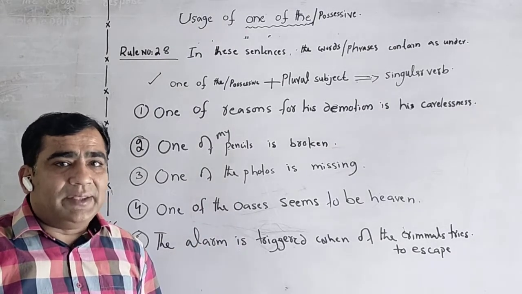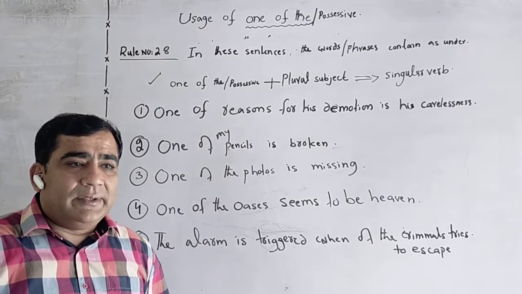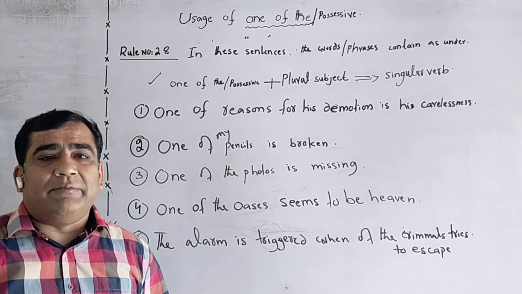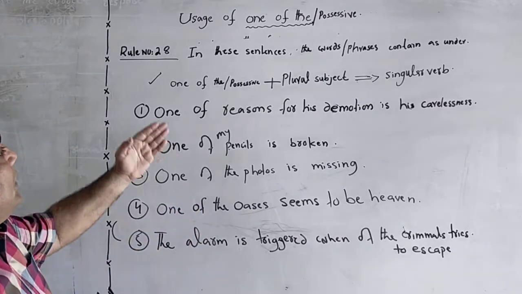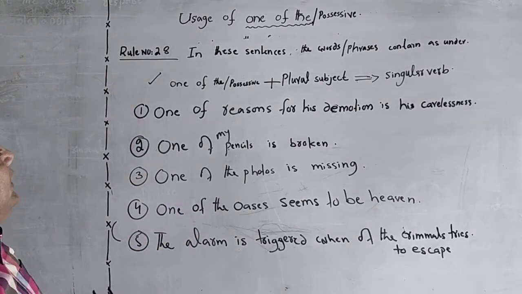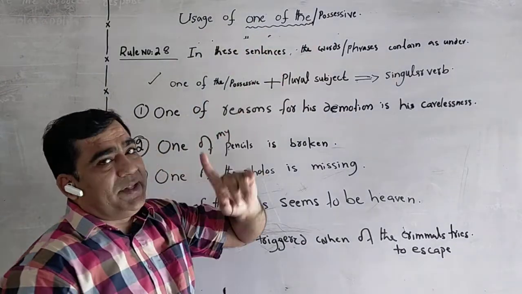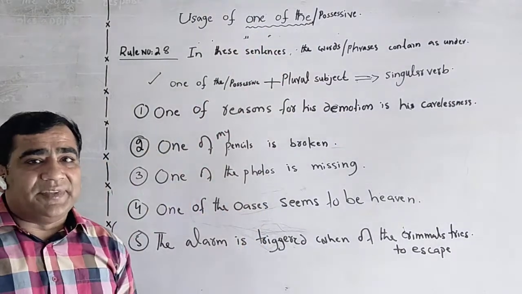Hope you have done this and checked yourself where you have made mistakes. Now this is rule number 28. The structure is "one of the" and possessive. This is one rule out of 6.